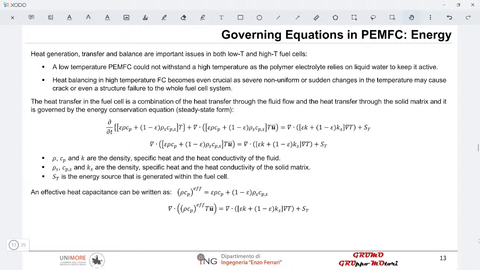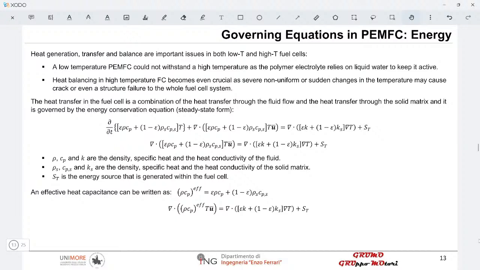Okay. But generally speaking, also in high temperature fuel cell types like high temperature PEM or solid oxide fuel cells, we will have a relevant heat generation by several mechanisms that we will see now. But just think about the second principle losses, expressed by the product of temperature times entropy change.